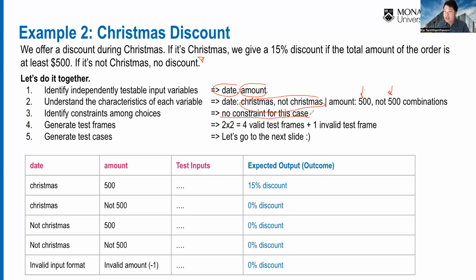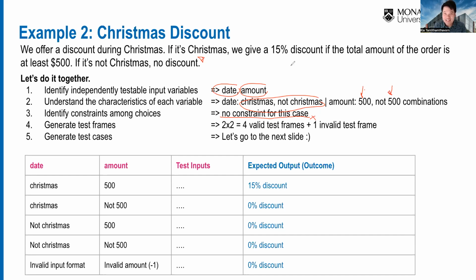That's the membership type constraint. Let me come up with another example. There's no constraint for this one, so we skip.